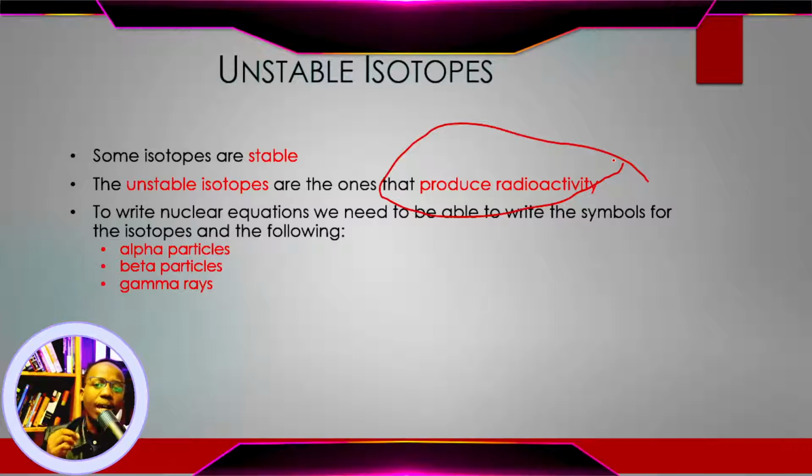And whenever they are unstable, they emit particles. They emit different particles coming from where? Coming from the nucleus. So there are different types of particles that they can emit, but the main ones are alpha, beta, and gamma. And let's look at how different they are.